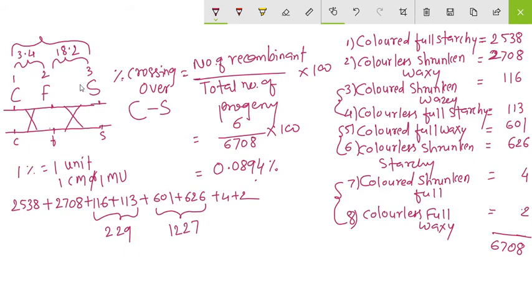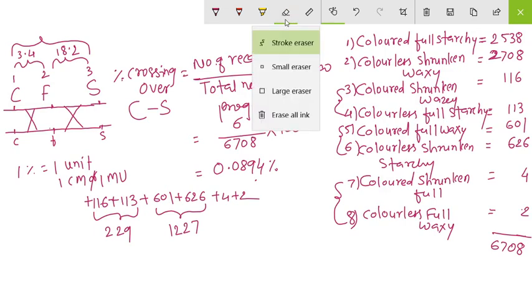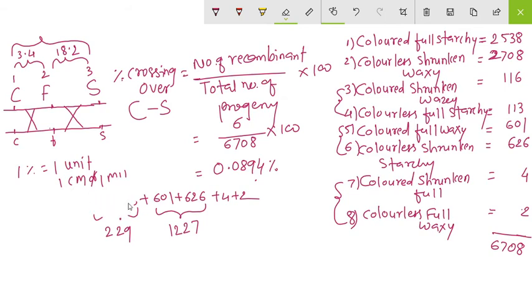Now we have to calculate the percentage of recombinant, and then we can calculate the distance between C and S. So we will calculate here.